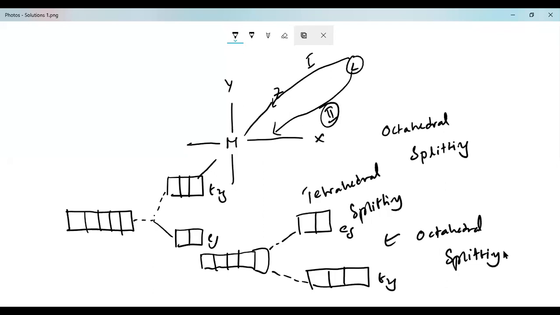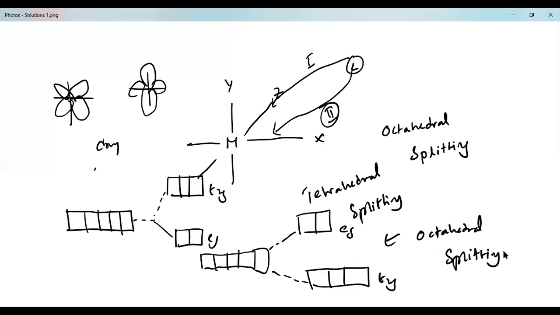Three d orbitals have lobes between the axes, like dxy. The dx square minus y square and dz square orbitals have lobes along the axes.